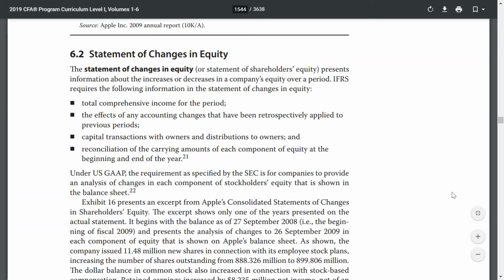Under US GAAP, the requirement, specified by the SEC, is for companies to provide an analysis of changes in each component of stockholders' equity that is shown in the balance sheet.